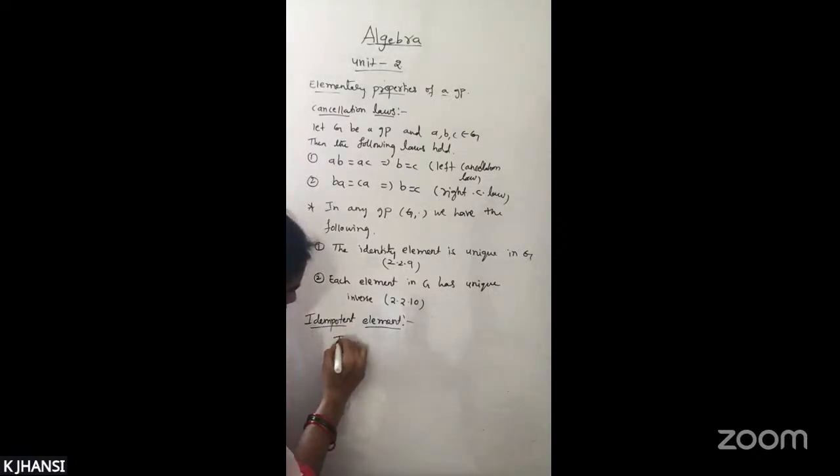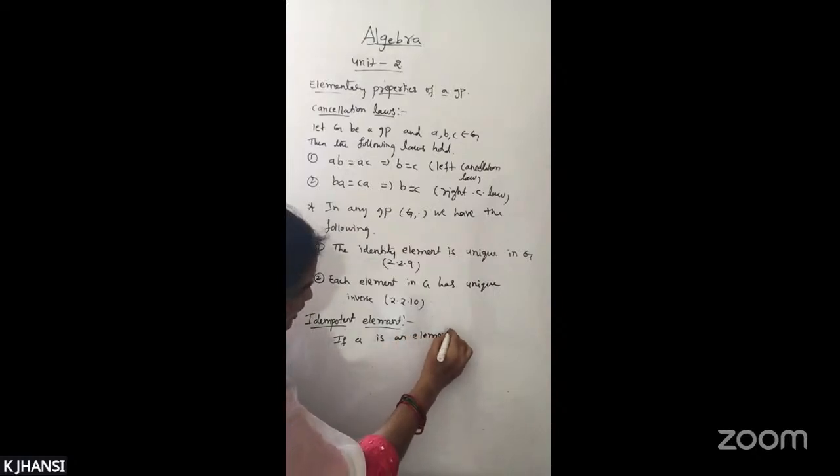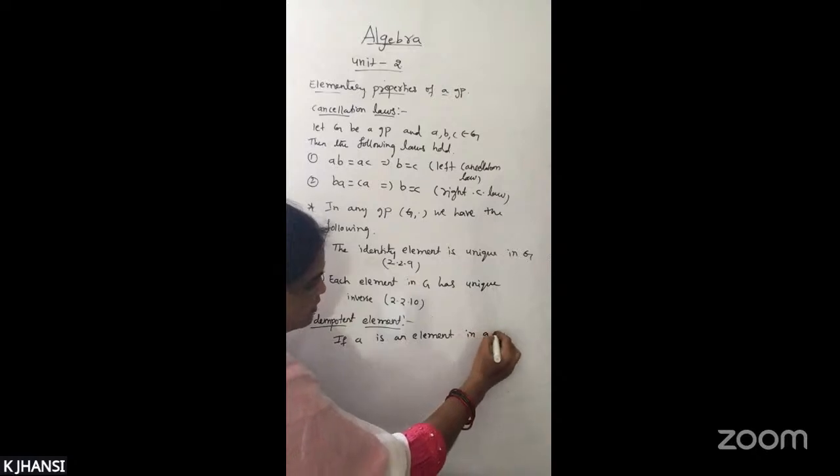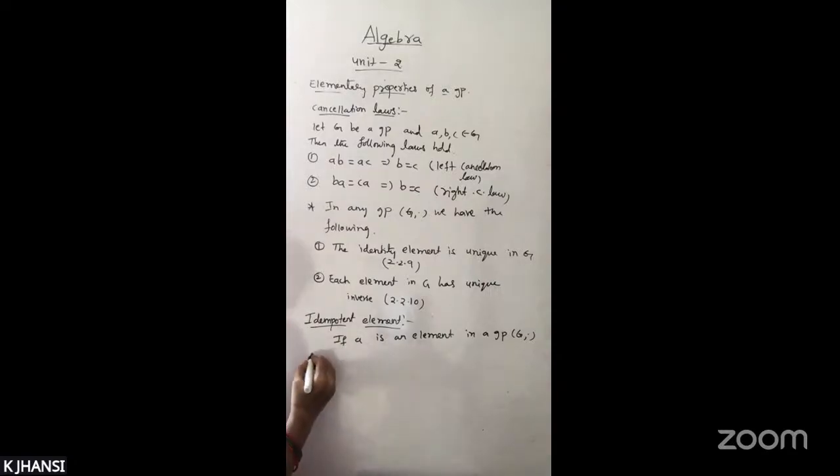So if a is an element in a group G comma dot such that a into a is equal to a. Okay. So the representation of an idempotent element is a into a is equal to a. You can see here, what will be the value of a such that when you multiply with a, you get the resultant a? One a is a here, but what will be the other a?